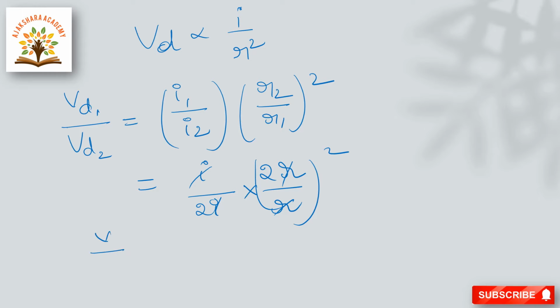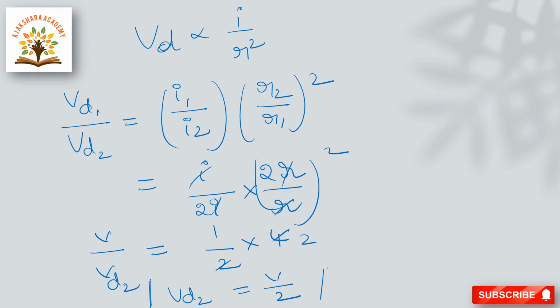So V by VD2 is equal to 1 by 2, here 2 square is 4, 2 ones are 2, 2s, so VD2 is equal to V by 2. This is the drift velocity when radius and current are doubled. Then drift velocity VD2 is equal to V by 2.